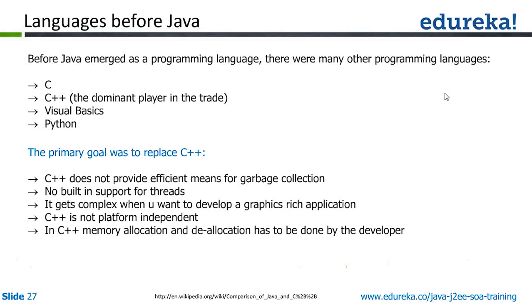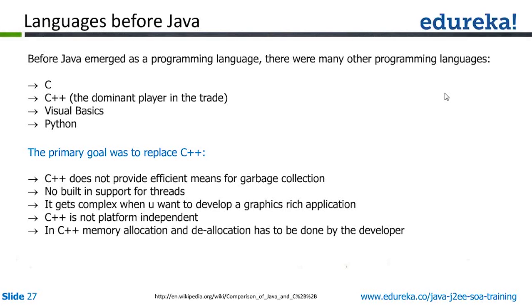C++ did not have built-in support for threads. Basically, Java provides a capability of running from your code two or more programs simultaneously. Initially C++ did not have this, but that capability is there with Java.